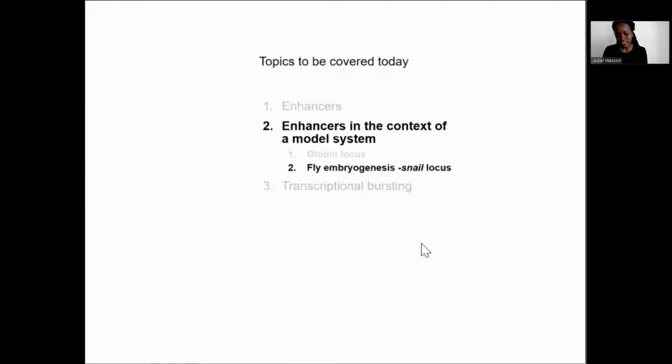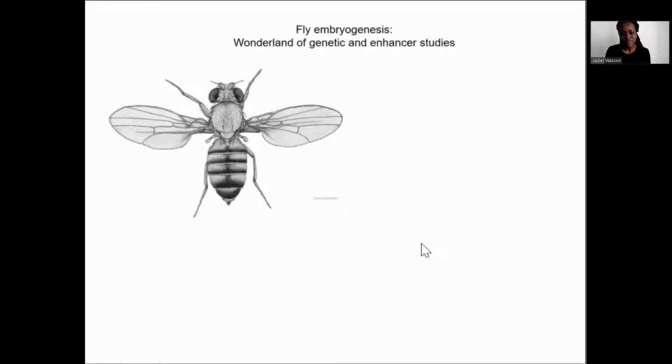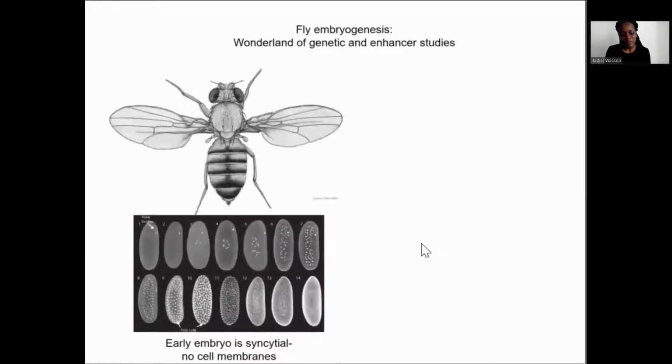So this leads me to the next topic, which is fly embryogenesis. Specifically, I'll focus on the snail locus. In our second Journal Club paper, researchers probe the different enhancer dynamics in the Drosophila embryo. During early embryogenesis, Drosophila is characterized by a syncytium.